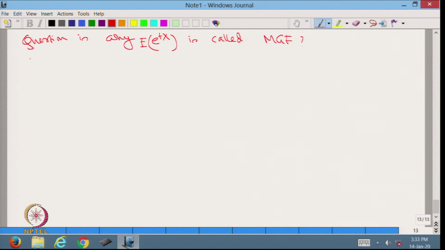So, we see that expectation of e^(tx) is equal to expectation of 1 + tx + t^2 x^2/2! + t^3 x^3/3!.